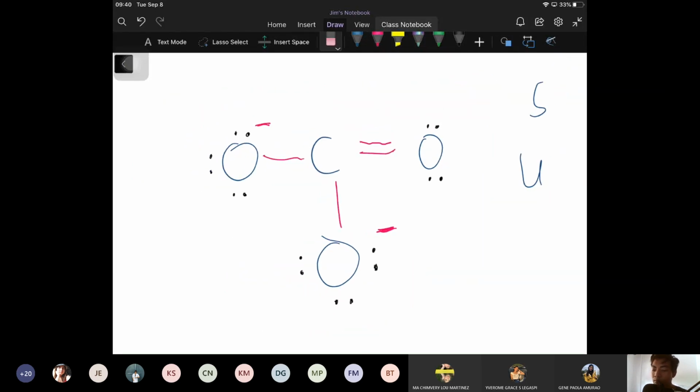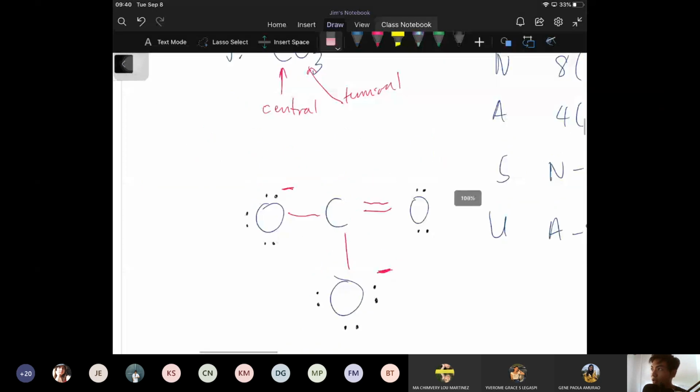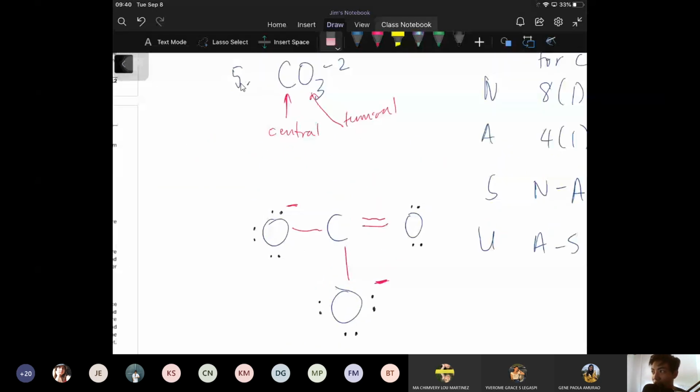So, in the carbonate molecule, yung may mga formal charge ay mga oxygen na yan. When you add the charges, that should give you the charge of the molecule. So, negative 1 plus negative 1, negative 2. Ayun ang reason bakit siya may charge, because of the 2 oxygens.